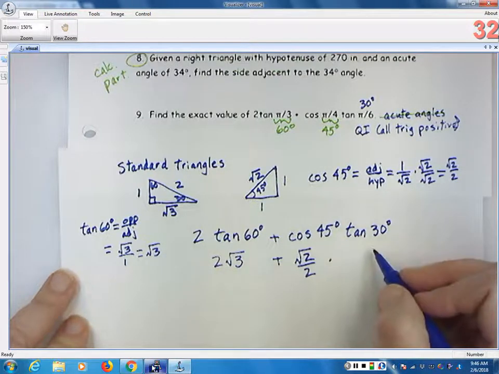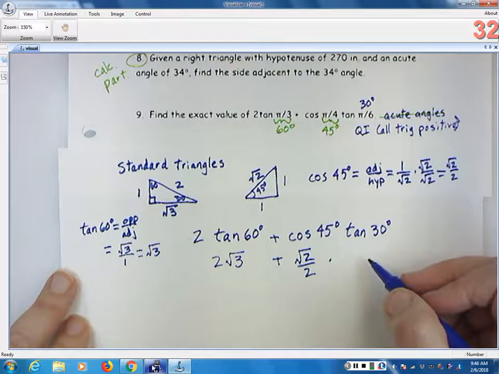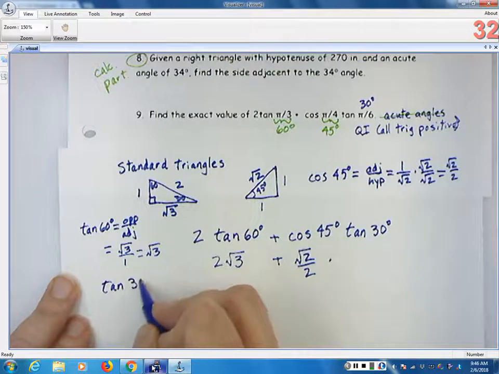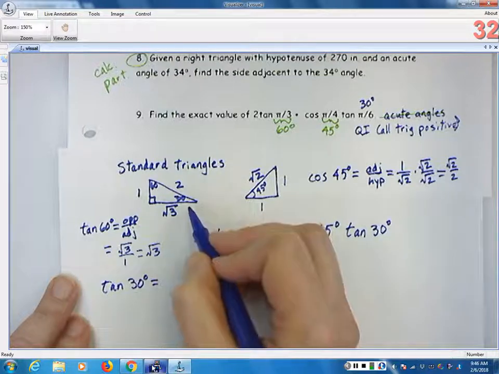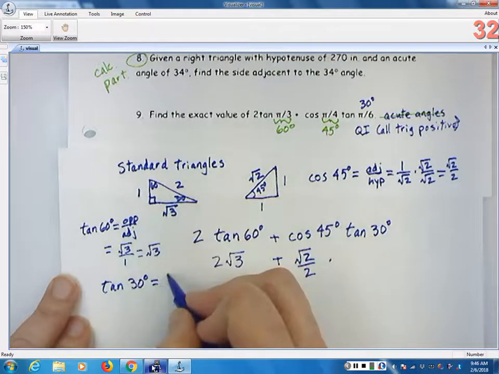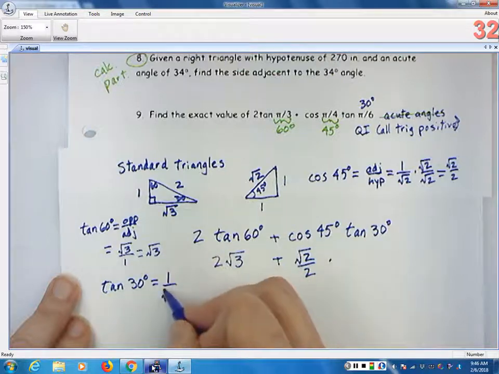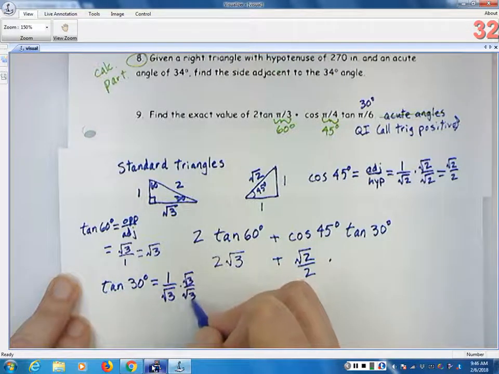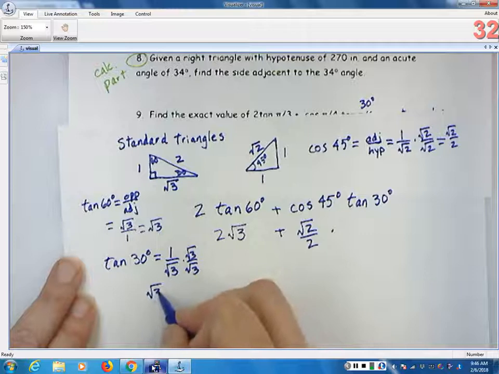And what's tangent 30 degrees? It's still opposite over adjacent, but now we're using this angle. Opposite is now 1, adjacent is square root of 3. So that's square root of 3 over 3.